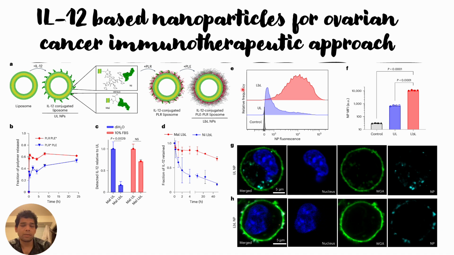Thereafter they wanted to check, when they co-cultured them with cells, whether they are able to interact with the cells or not. For that they took one of the cell lines. I'm not able to recall the cell line, but it is some kind of cancer cell line. When they co-cultured them with these lipid nanoparticles, they used fluorescence based nanoparticles to check the exposure.